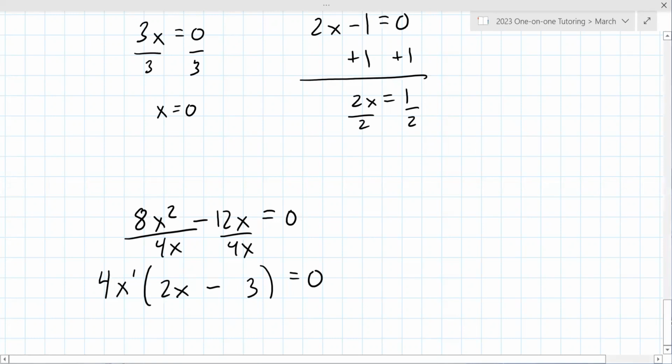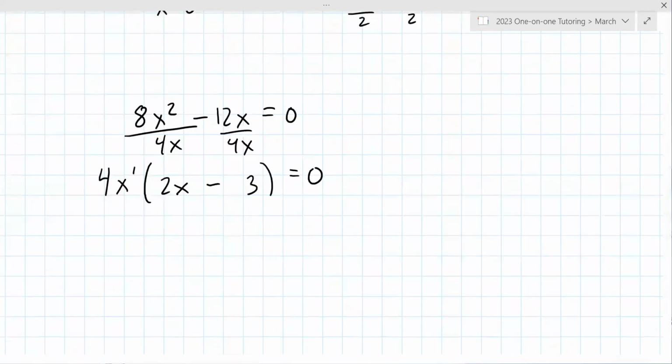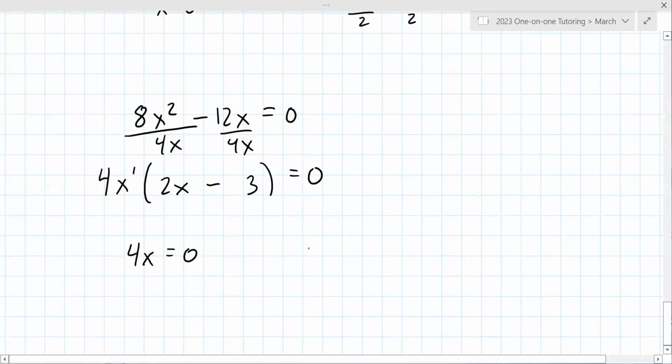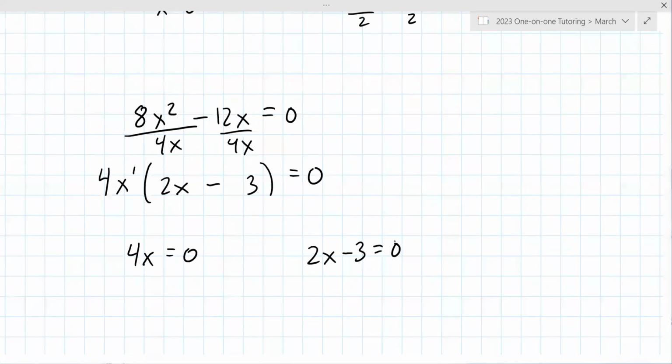Equals 0, and then you set it all to 0, right? Yep. 4x equals 0, and 2x minus 3 equals 0. Then you divide by 4.